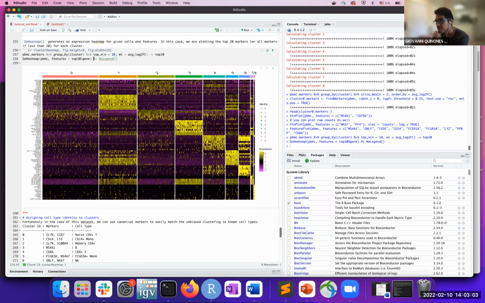Yellow means very high and pink or purple means very low. What we can see here is that these expression patterns cluster based on the cells that were present in every cluster.